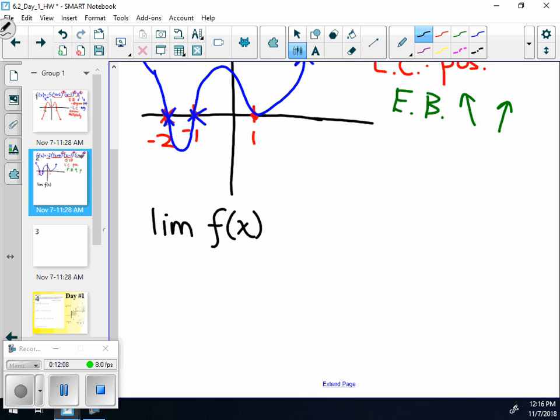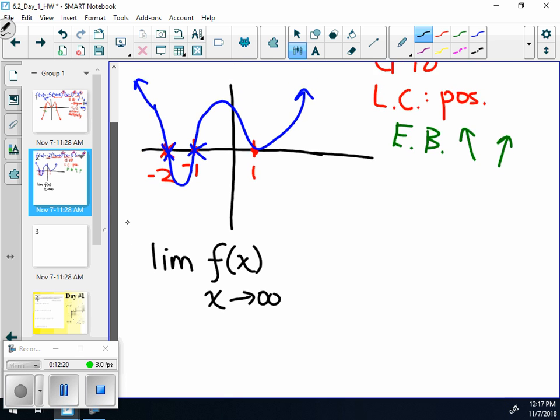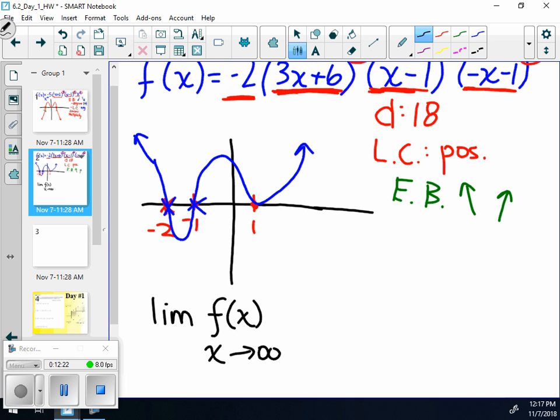So if I said this is the limit as our function goes towards infinity, as it goes all the way to the right-hand side of my graph, and I look at my graph, what's going to happen to my graph as I continue going in the x direction indefinitely? Is my y value ever going to reach a specific number and then stop? Or is it going to shoot off to infinity?